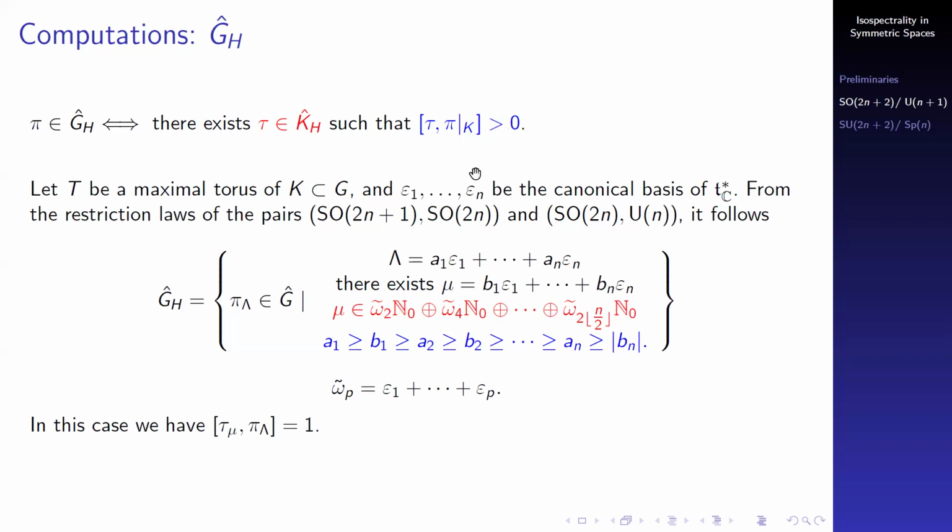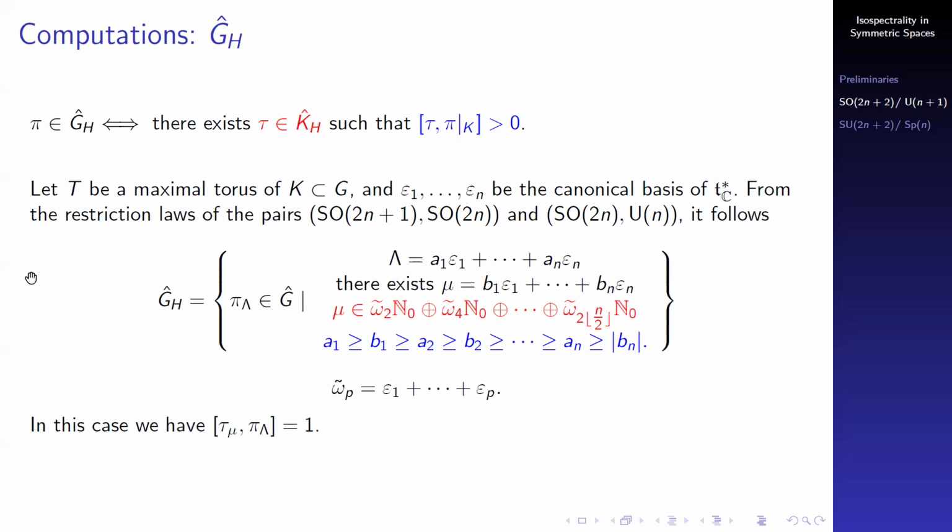And those conditions are expressed in the weights, with the maximal weights. So let T be a maximal torus of K. Since K and G have the same rank, it is also a maximal torus in G. And we have epsilon 1 through epsilon n as the canonical basis of the dual of the Lie algebra of T, complexified.